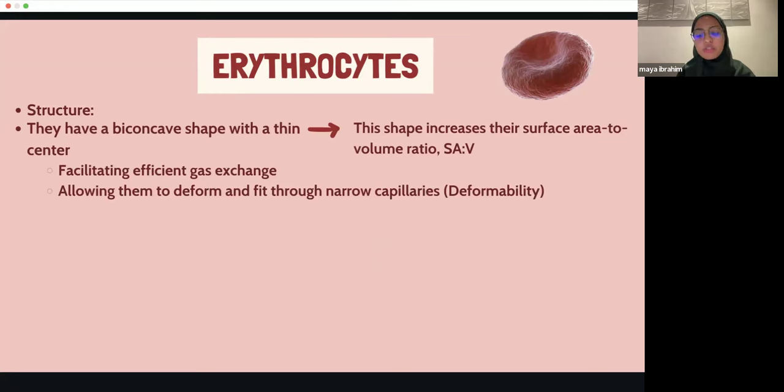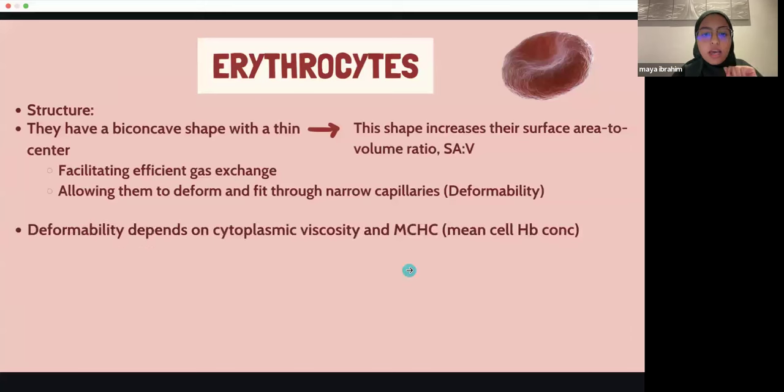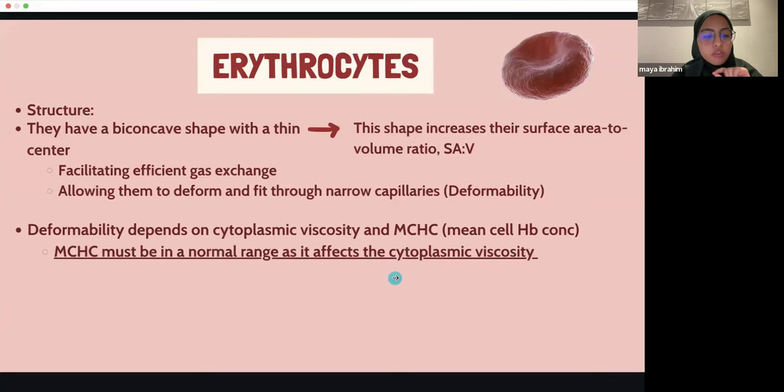Also, this shape gives it its deformability feature, which means red blood cells can squeeze in small vessels without getting damaged. And this deformability feature depends on two things, MCHC, which is the mean cell hemoglobin concentration, and cytoplasmic viscosity. The cytoplasmic viscosity depends on MCHC. So if MCHC increases, cytoplasmic viscosity increases.